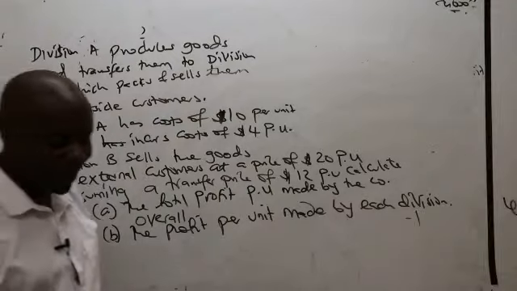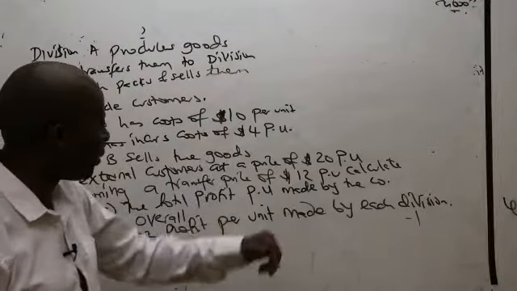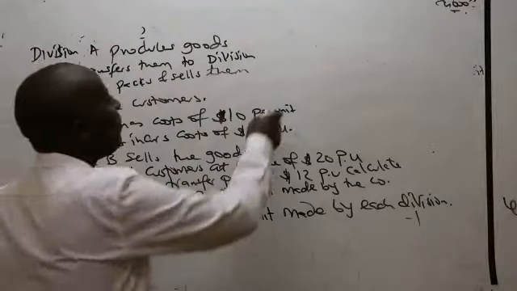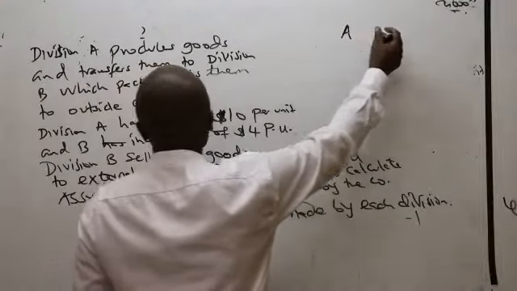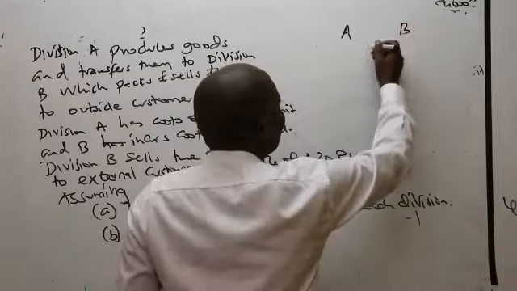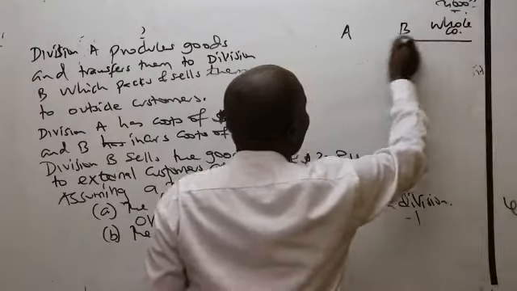Ladies and gentlemen, because there is only one product being sold in between here, I would rather make my profit statements like this. So we have division A, we have division B, and then we have the whole company.